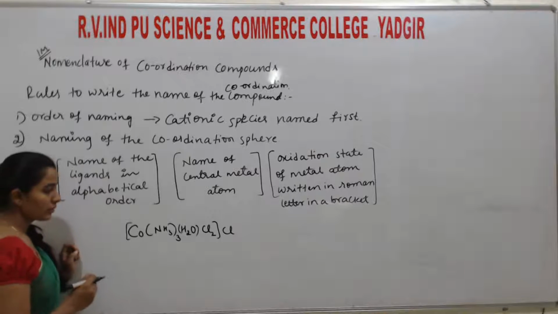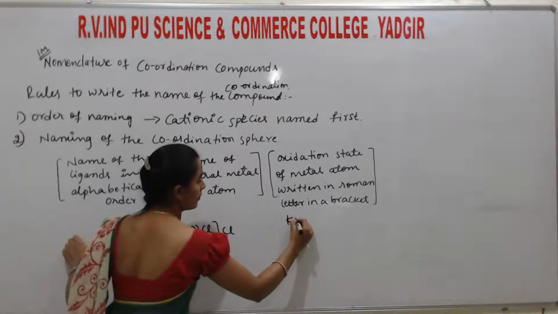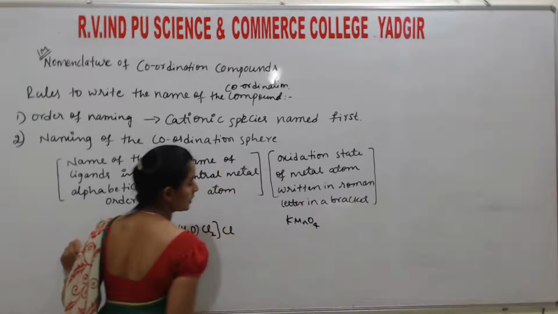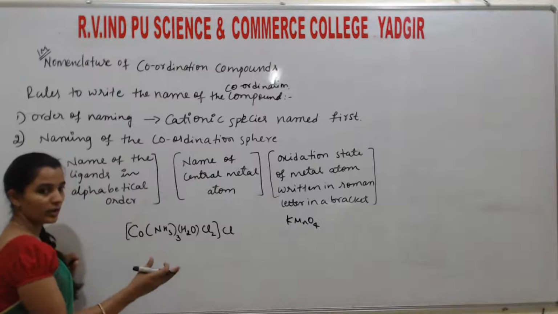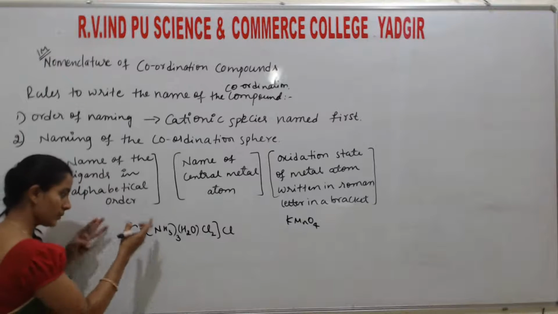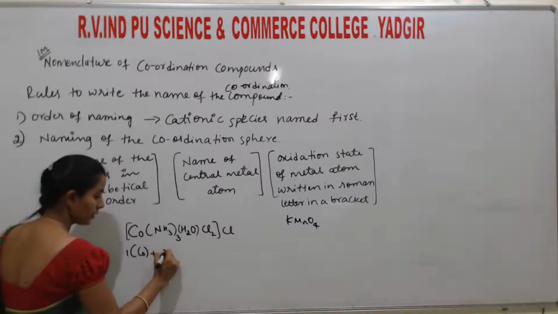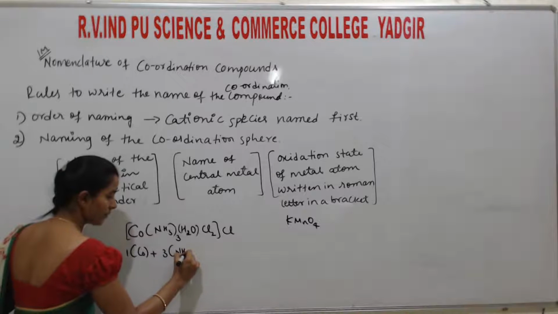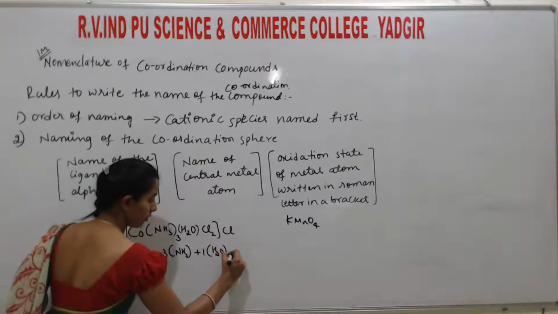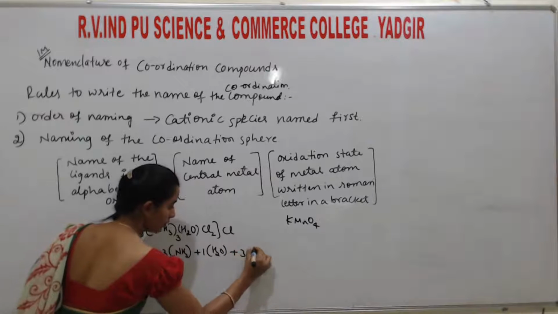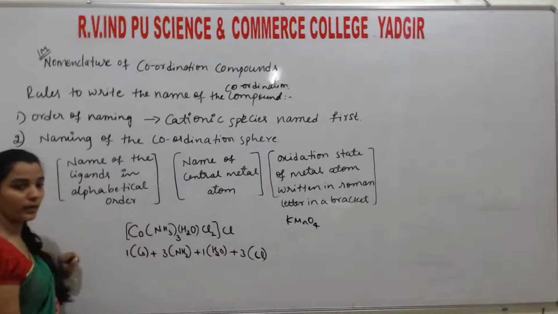Students, similarly, in KMnO4, how do you calculate? 1 into K plus, 1 into Mn, plus 4 into oxygen. Similarly here, 1 into cobalt plus 3 into NH3 plus 1 into H2O plus 3 into Cl atoms. Correct?